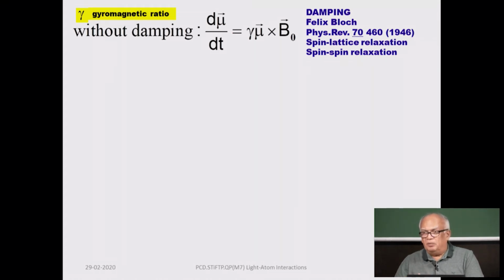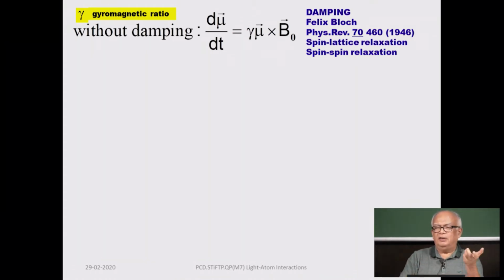Okay, using a phenomenological model, Bloch took into account damping, and damping was admitted in Bloch's analysis by considering relaxation effects of two kinds. One is the transverse relaxation effects, and the other is the longitudinal relaxation effects, and accordingly you have the spin-spin relaxation and the spin-lattice relaxation.